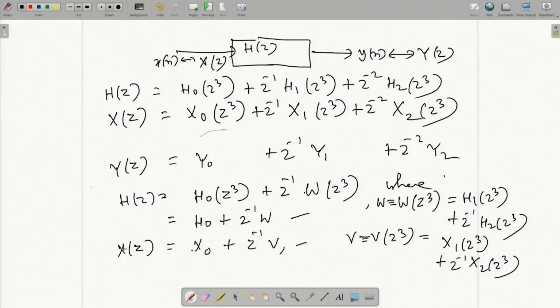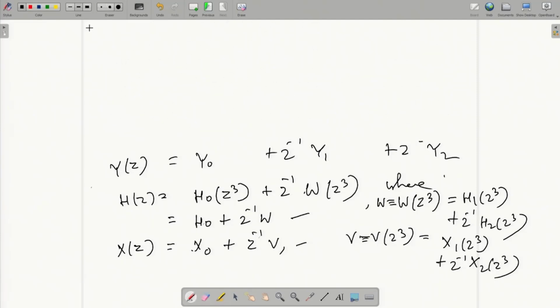So, H into X is Y, all right. Now, if you do that, I will do that right here. So, Y(z) will be H(z) into X(z).